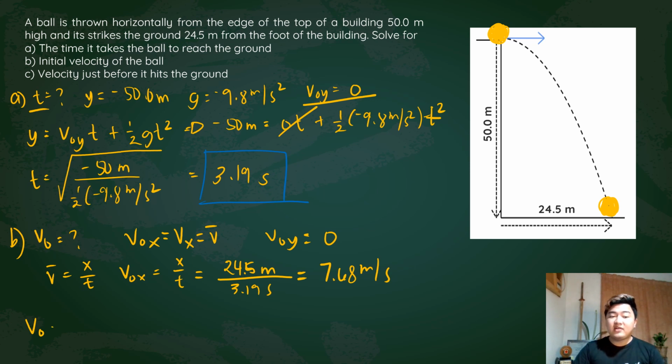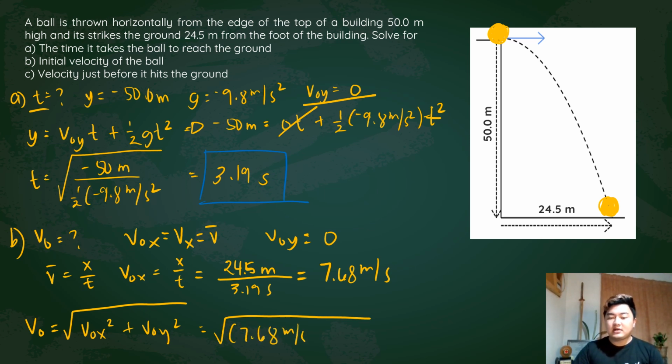And since you have your x and y components, then you can just use the Pythagorean theorem. So your initial velocity in x squared plus initial velocity in y squared. Substituting your values, you have 7.68 meters per second squared plus 0 squared. So 0 squared is 0.